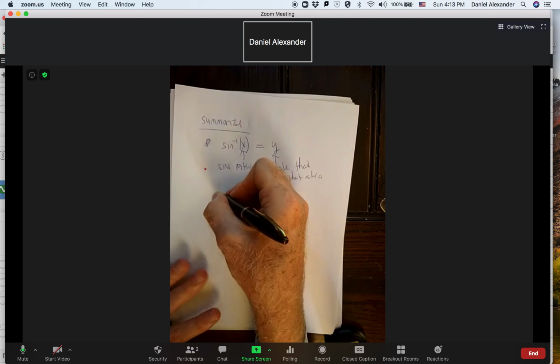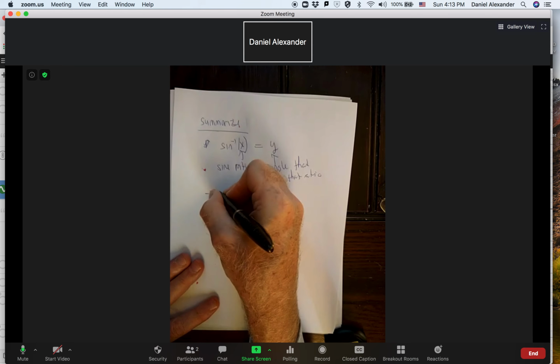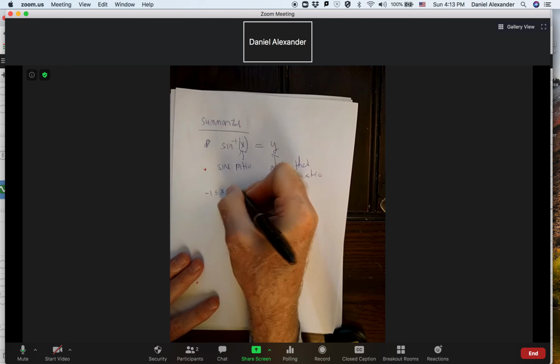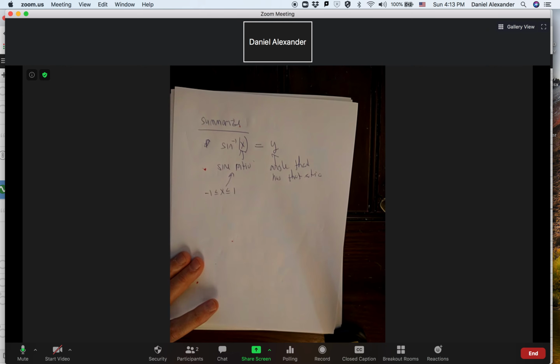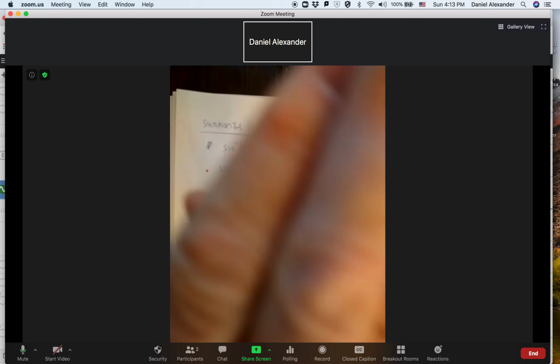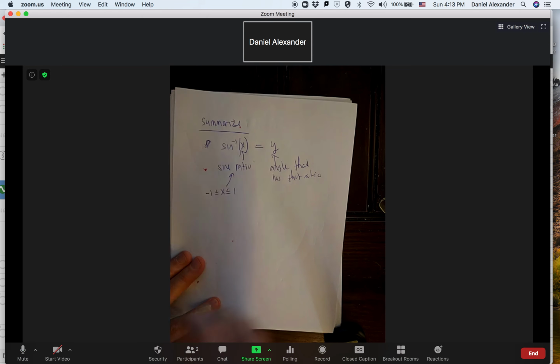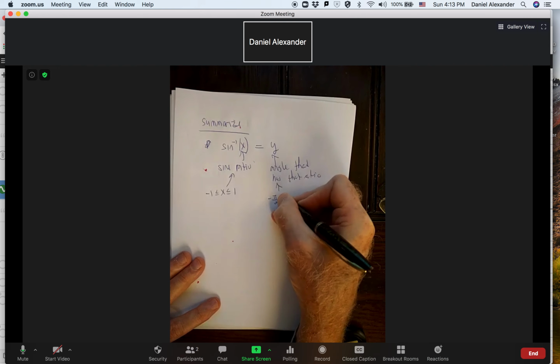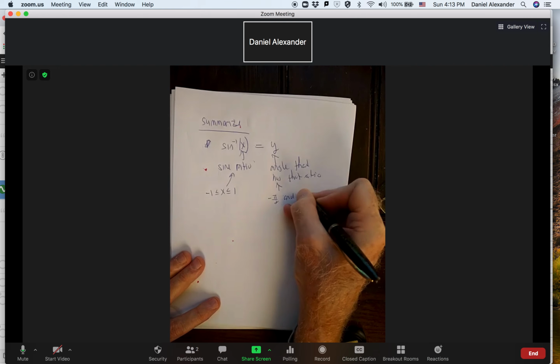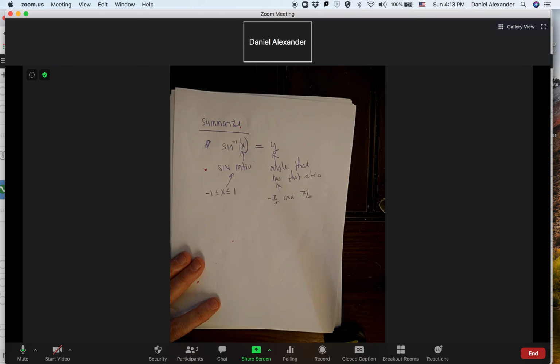Okay, and the only possible sine ratios are between -1 and 1. And then the angles are going to be between minus pi over 2 and pi over 2. So that's how we have to interpret it.